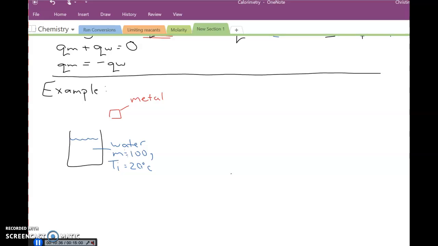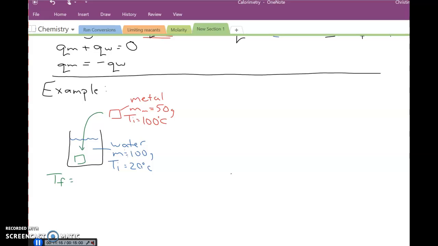So our metal is 50 grams, and its initial temperature is 100 degrees Celsius. And then our final temperature, TF, is once this goes in here, it gets to an equilibrium.